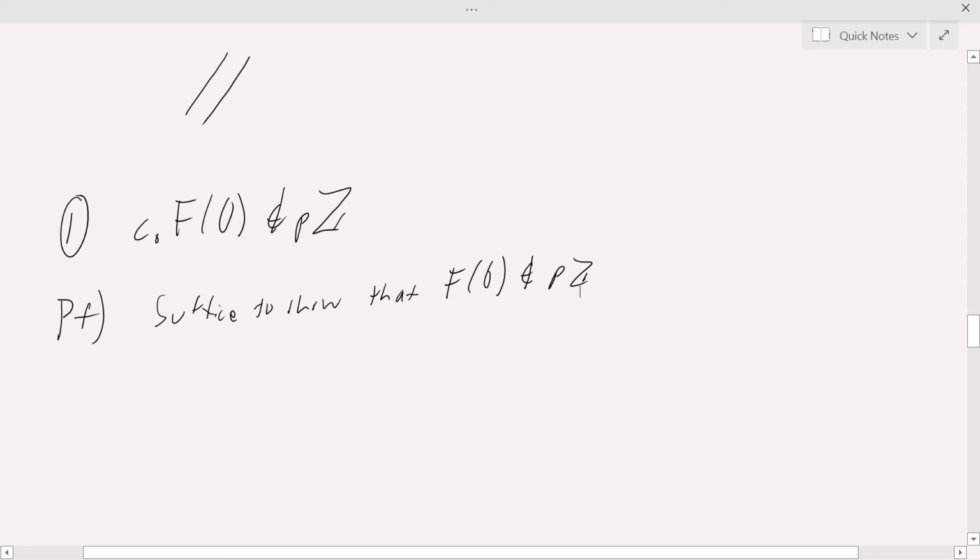Actually, larger than the absolute value, just in case c0 happened to be negative. It'll be larger than the magnitude of c0, and that way there's no way that c0 could be a multiple of p either.